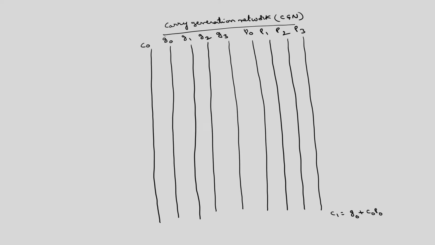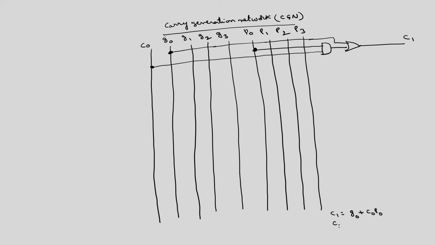Simply, this requires an AND gate for C naught and P naught, this dot represents a connection. This is C naught P naught, and then you have to OR with G naught. This is G naught, so this will generate your C1.